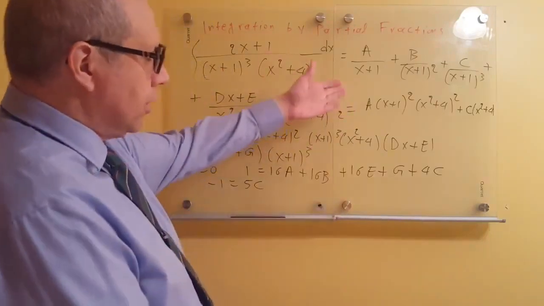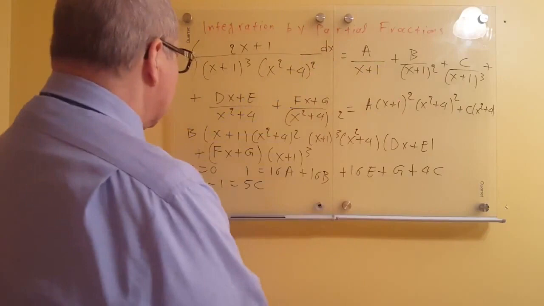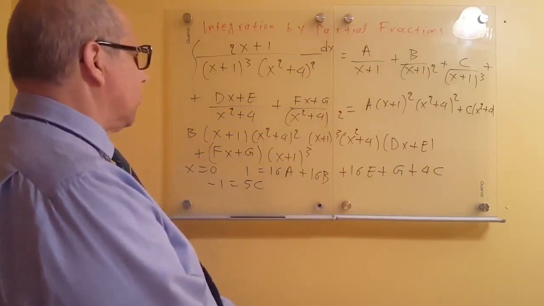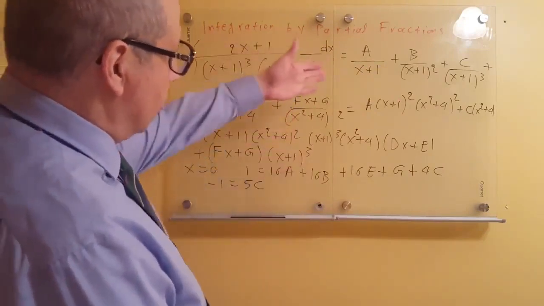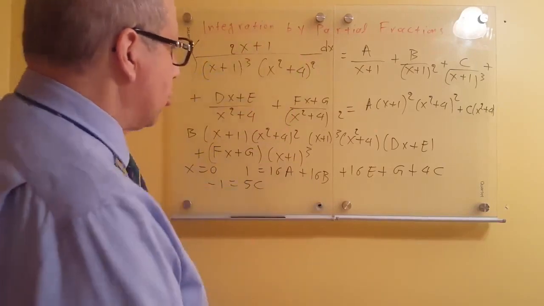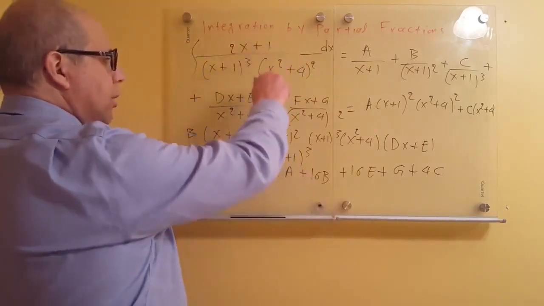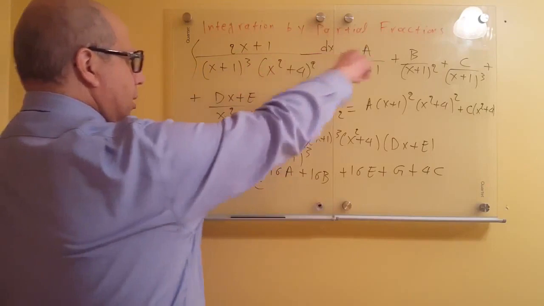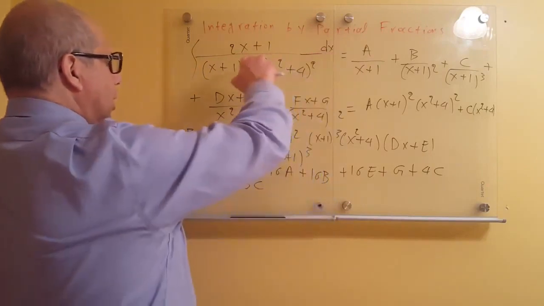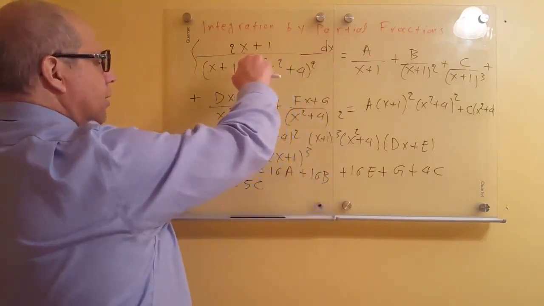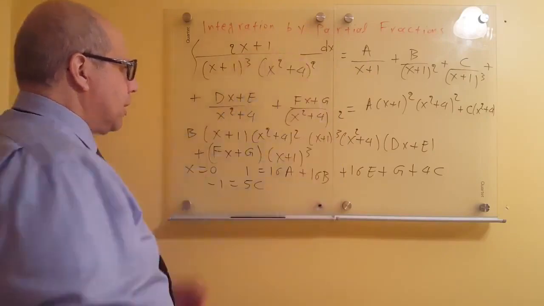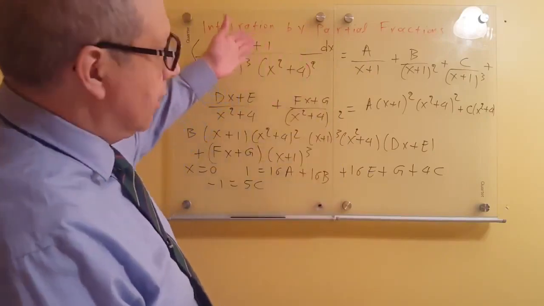I will not solve it completely, so I will not find all these A, B, C, D, E, F, G, but I just did it because I wanted to show you how you break down the rational function when the powers of the linear and the quadratic are greater than 1.